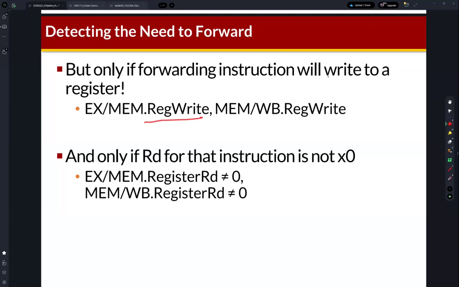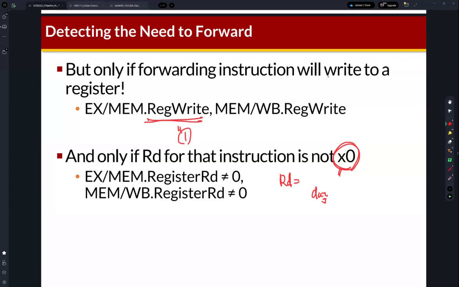So we need to check the RegWrite signal. If the RegWrite signal is 1, which means the result will be written back to the register file, then in this case we need to check for data forwarding. And if the RD is X0, then this data will not be written back.